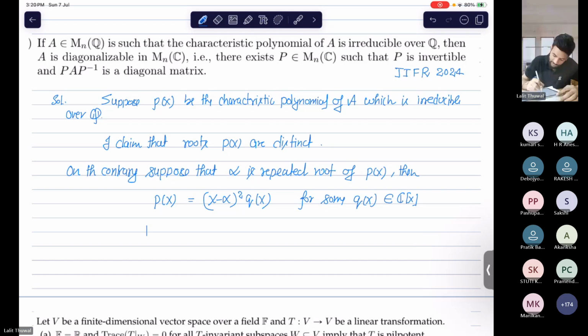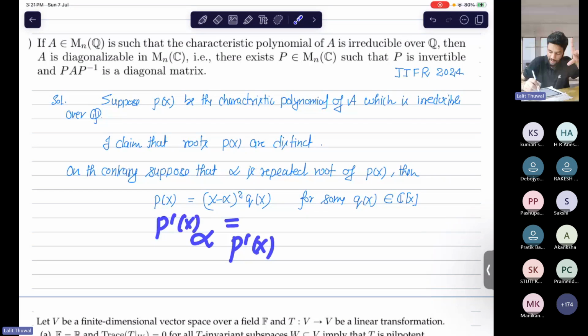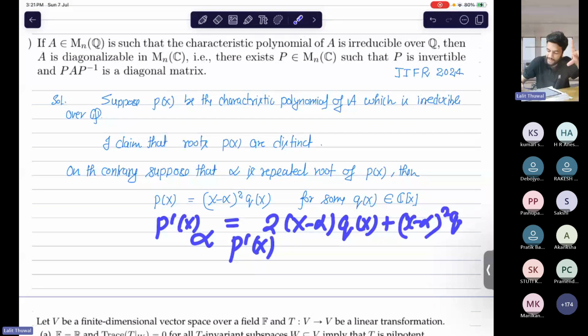So alpha is also a root of the derivative. If alpha is a repeated root of the polynomial, then it is also a root of the derivative. See it: P dash x is equal to 2 times (x minus alpha) into q(x) plus (x minus alpha) square into q dash x.